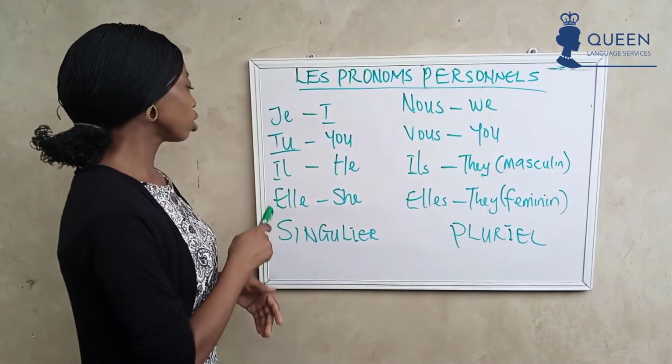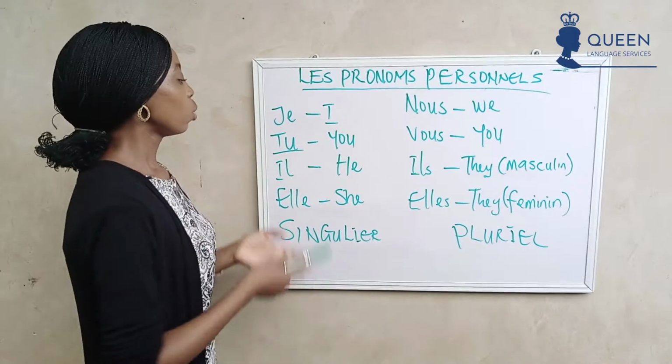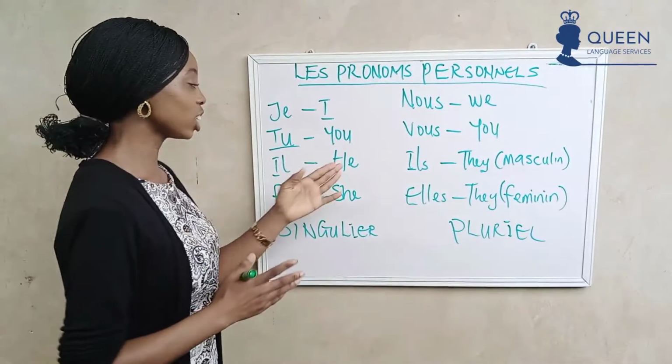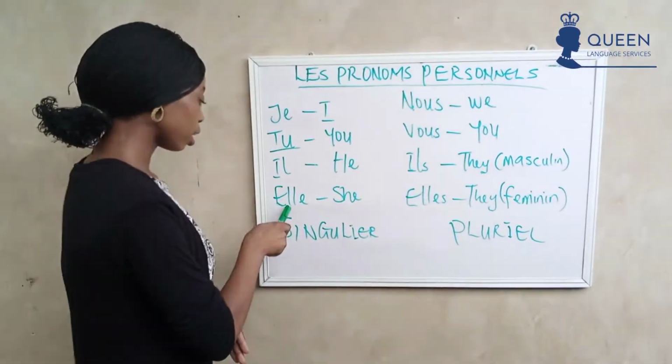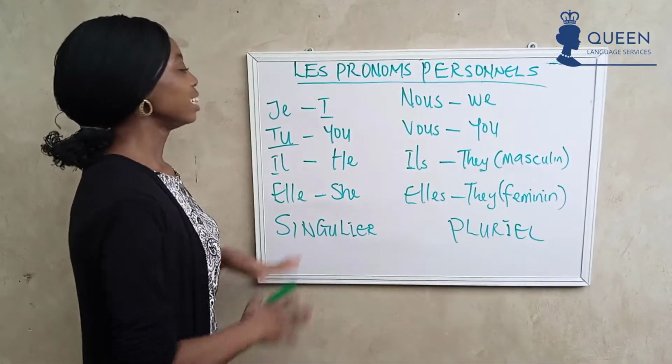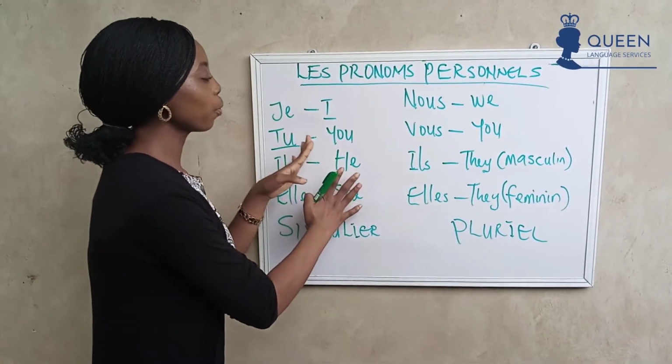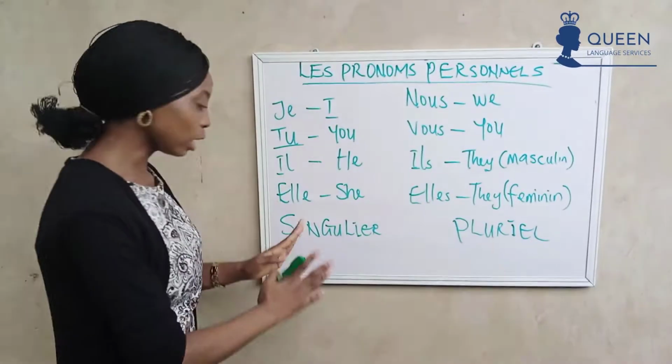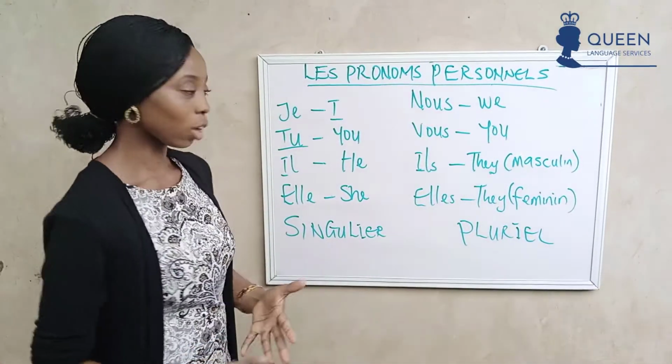Okay, so let's continue. We have il, which means he. We have elle, which means she in English language. And so these are our personal pronouns singular in French language.